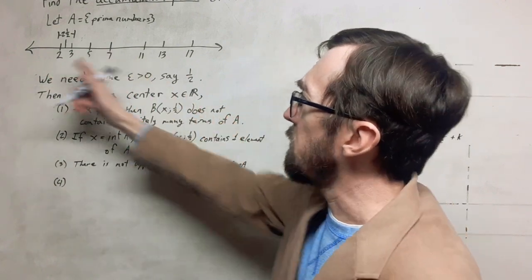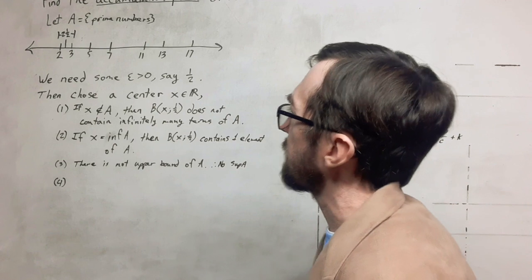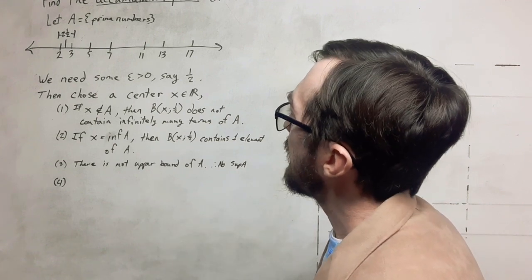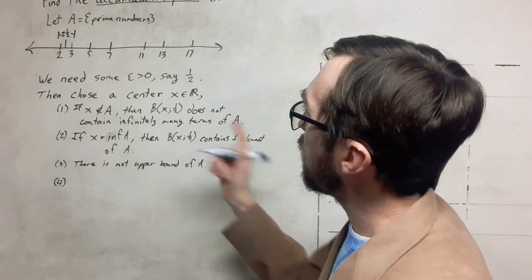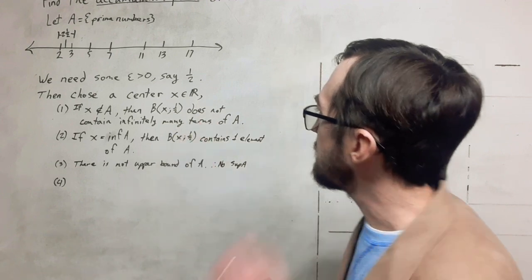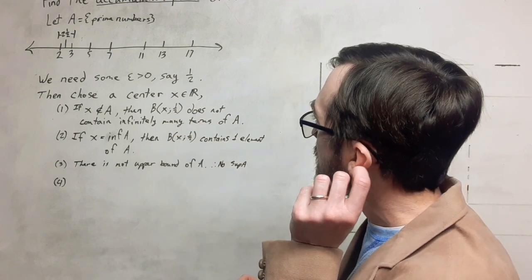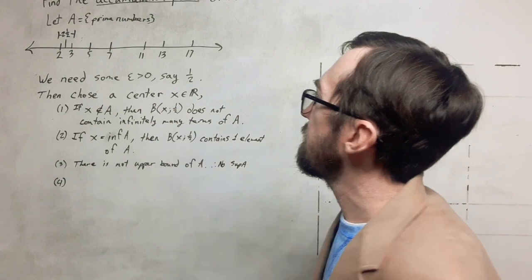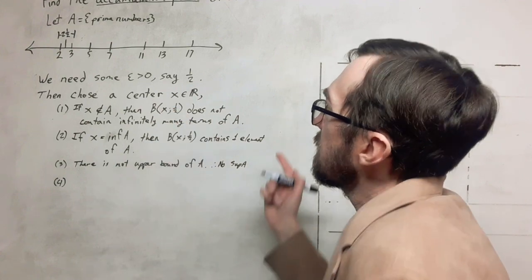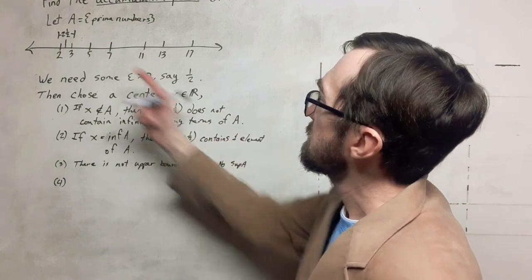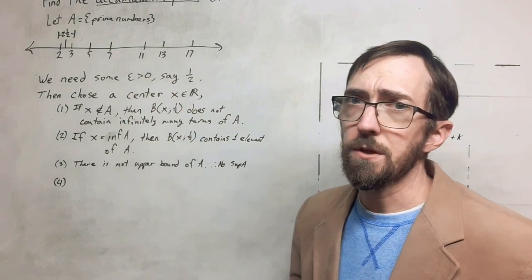But if it's an open interval, it doesn't include either 2 or 3. So we have no points in this deleted neighborhood that is part of A. So this 2.5 is not an accumulation point.